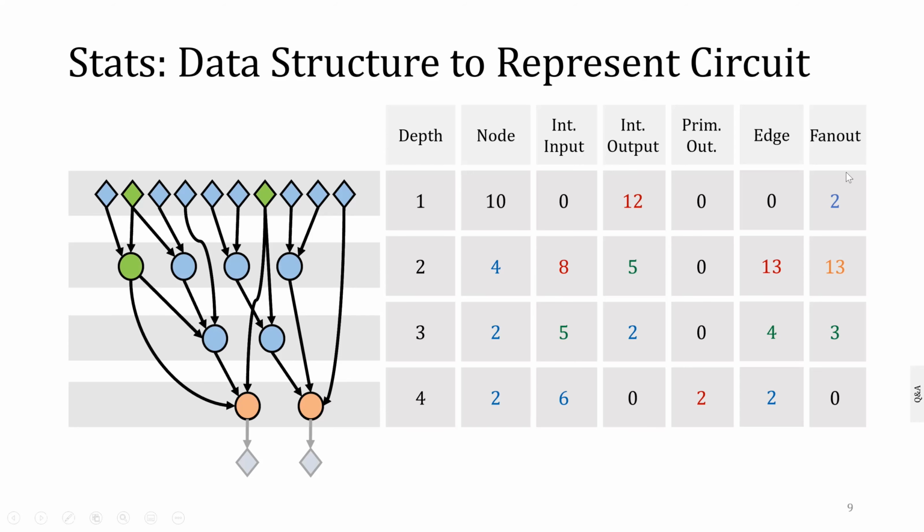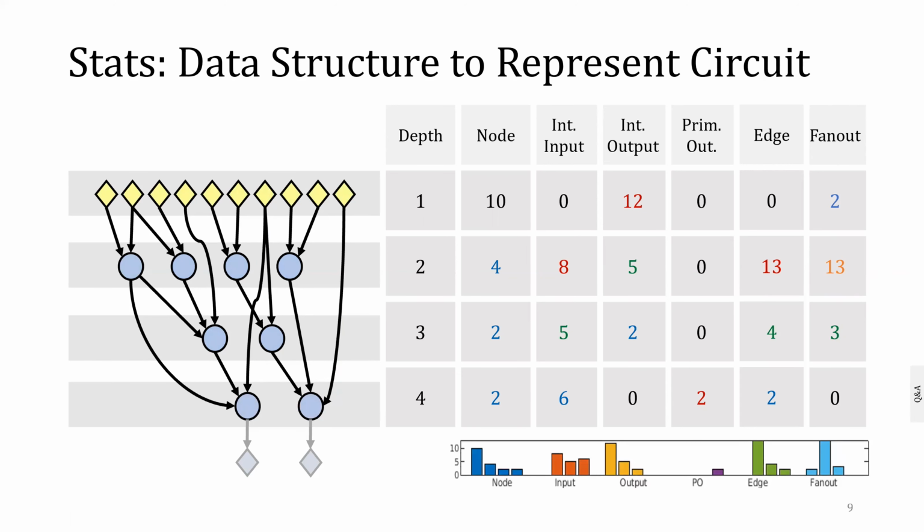Here we have two gates with no fan-out, which represent the primary output gates. So these are all the data represented in the stats file, and you can also visualize this data with a bar chart. And this necessarily represents the structure of this entire design.